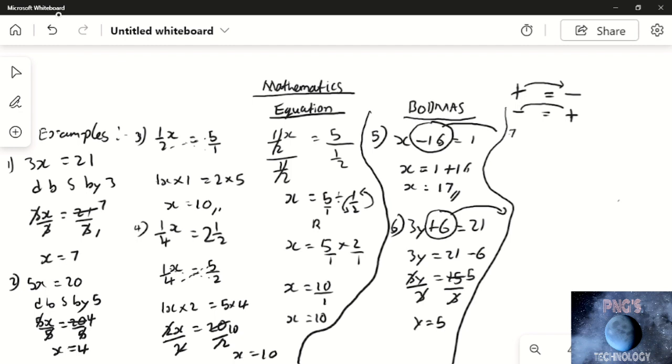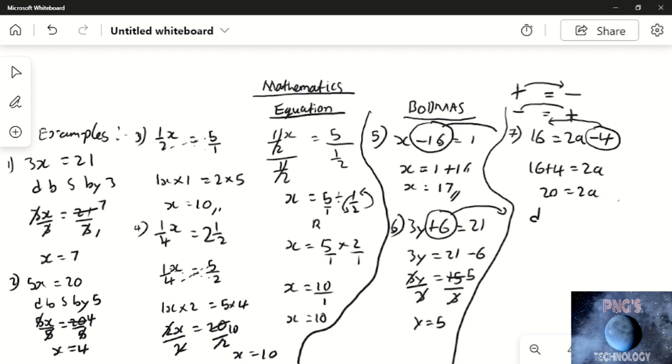So question 7. We have 16 equals 2a minus 4. So we're going to take this one to the other side. All of this minus 4, we cross over the equality sign. So we have 16 minus 4 crossing over becomes plus 4 equals 2a. So 16 plus 4, that is 20, equals 2a.